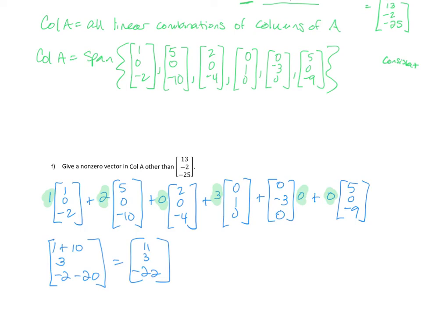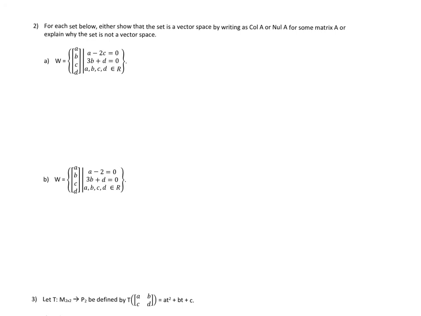Okay, for each set below, either show that the set is a vector space by writing it as Col A or Null A for some matrix A, or explain why it is not a vector space.